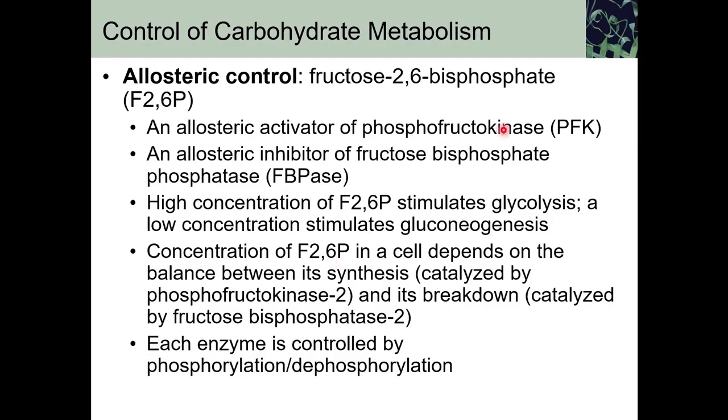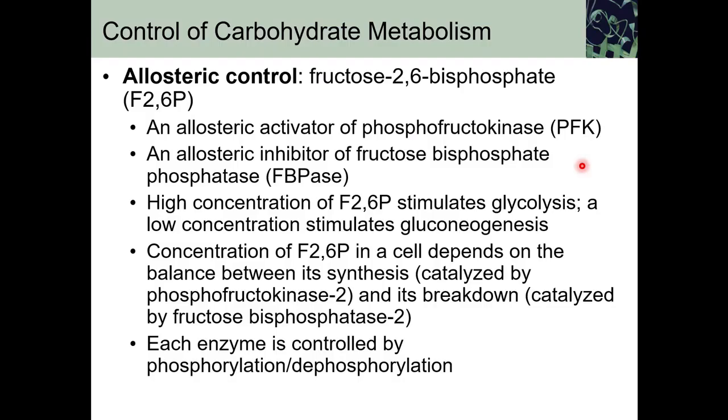In other words, when there's a lot of fructose 2,6-bisphosphate, phosphofructokinase 1 is activated, which means that glycolysis is activated. Remember, the reaction catalyzed by phosphofructokinase 1 is the committed step in glycolysis, and therefore glycolysis is favored.